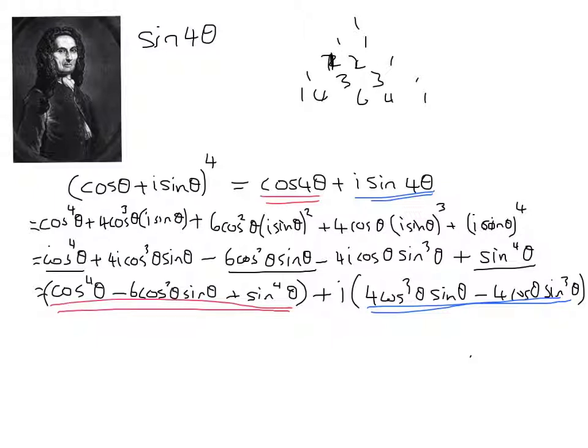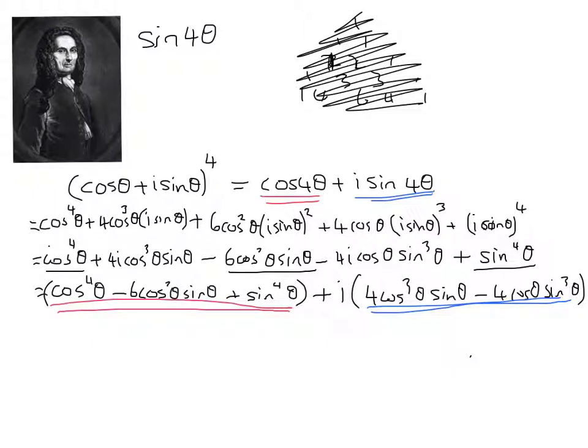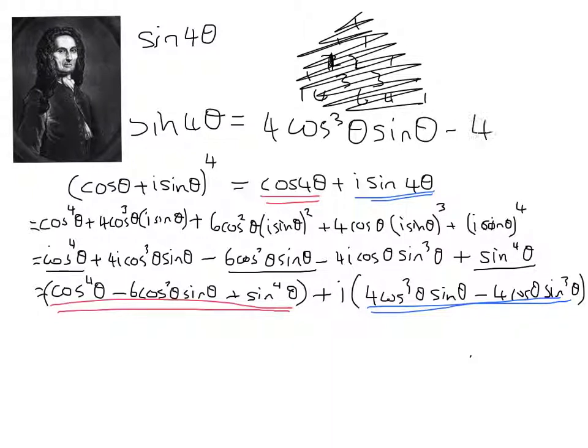Sine 4 theta is equal to 4 cos cubed theta sine theta minus 4 cos theta sine cubed theta.